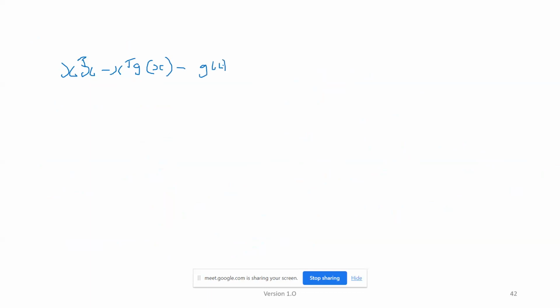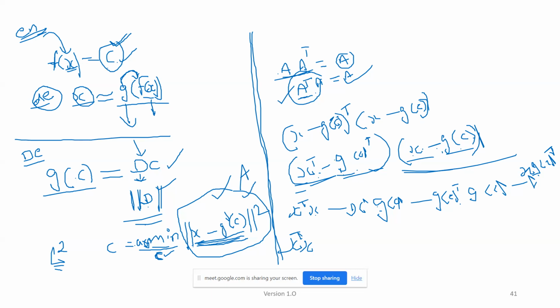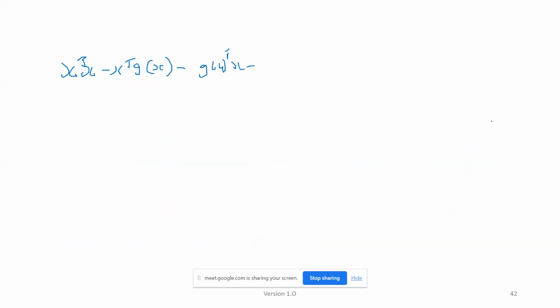GC transpose into X minus. So what is this minus? Minus into minus is plus. So you have to consider minus into minus is a plus, GC transpose into GC. This is after multiplying this value.